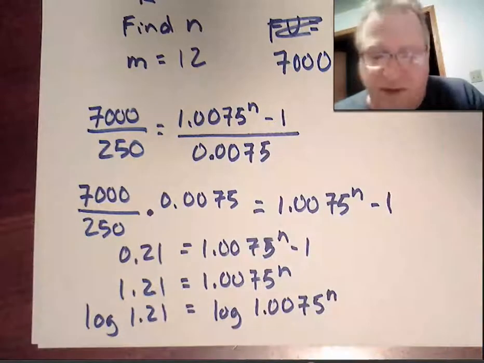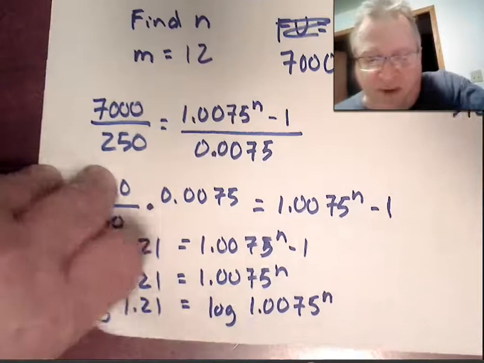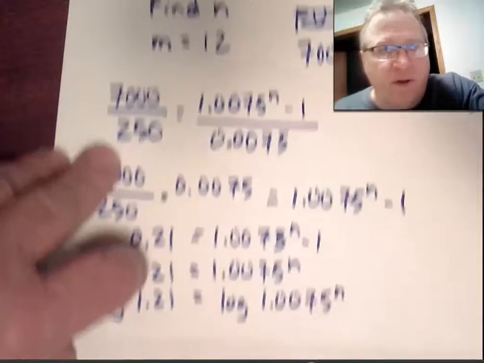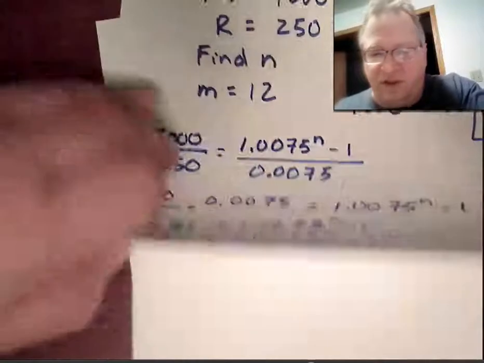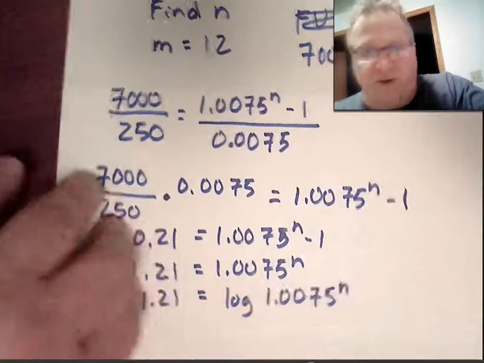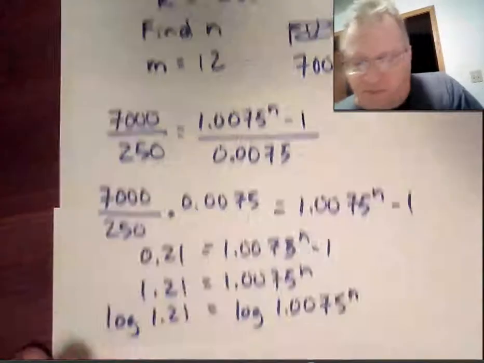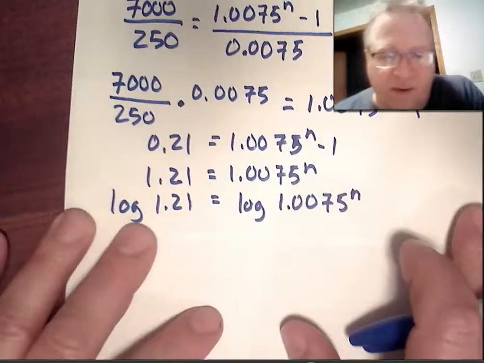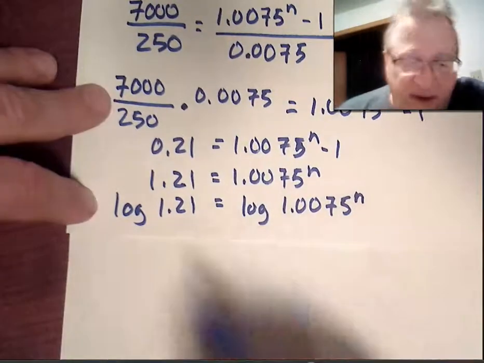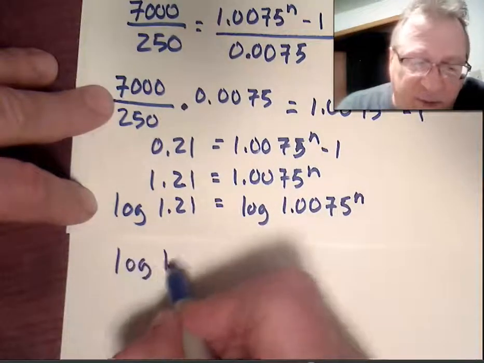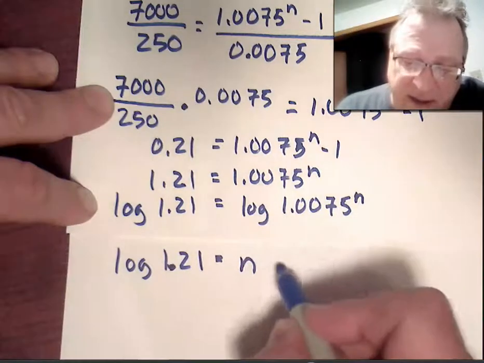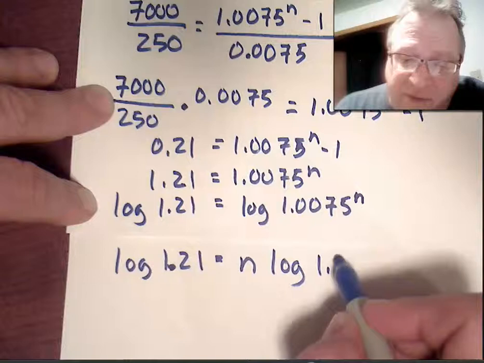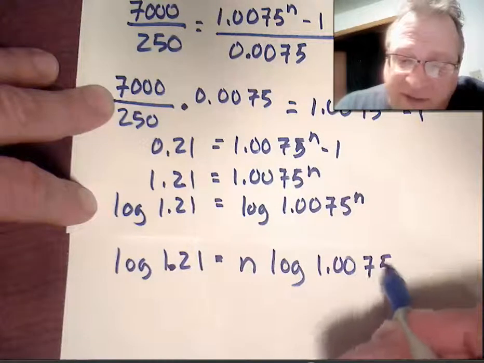So now I'm going to slide another piece of paper underneath here. Move this all up. Pull the sheet down. There we go. So what I can do is say log 1.21 is equal to n times the log of 1.0075.